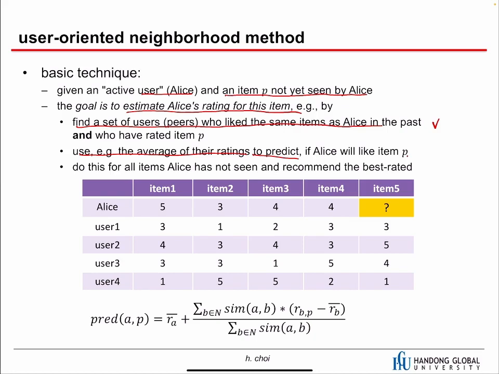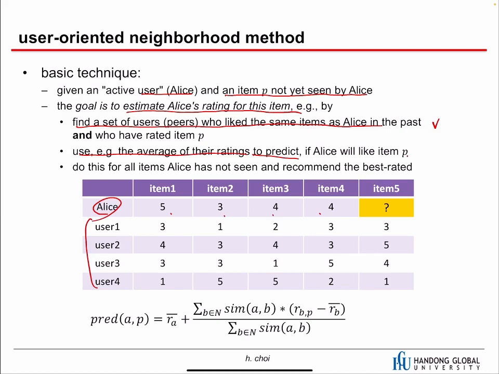So we have 5 items and we have 5 users, and Alice is the target active user, and we have other 4 users. And Alice has watched 4 items, and she gave feedback about these 4 items.